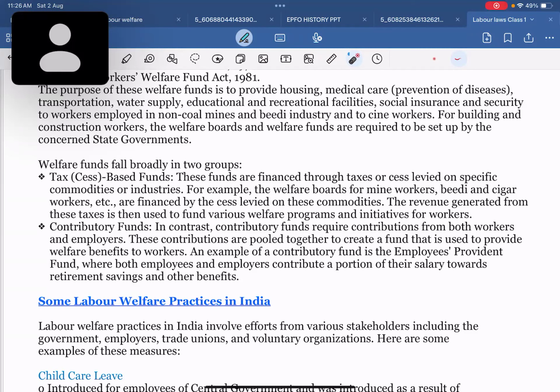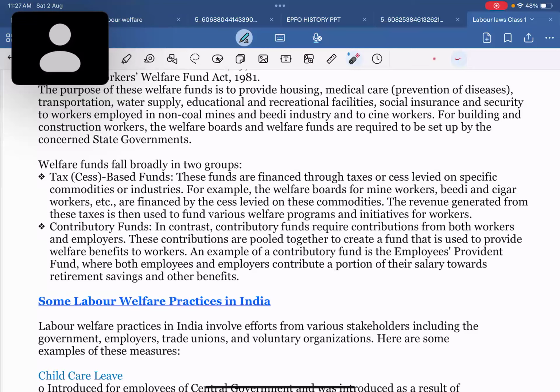In contrast, the contributory funds require contribution from both workers and employers. These contributions are pooled together to create a fund that is used to provide welfare benefits to workers. An example of a contributory fund is the Employees Provident Fund (EPF), where both employees and employers contribute a portion of their salary towards retirement savings and other benefits.